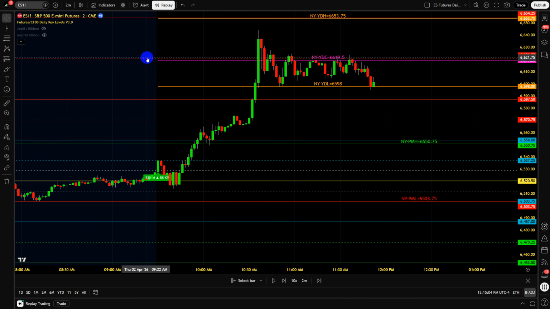As you can see here, we're on a 2-minute chart. We used a 2-minute chart on SPX. ES is basically just another form of instrument on the S&P 500, like SPX is. So this is the futures instead of the S&P 500 cash, which is the SPX. This is the S&P 500 futures. So same type of liquidity.